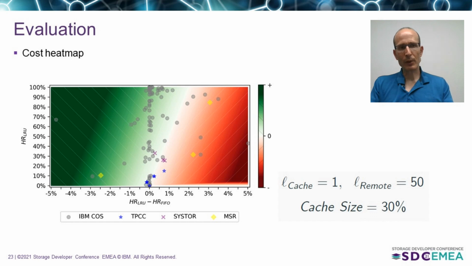The difference between the green and the red is that green and red apply to the cost model. So green means the cost model is in favor of FIFO, red means the cost model is in favor of the LRU. And really what we're seeing here is that the higher up the graph we go, that is the higher the hit rate is, the more the cost model is in favor of FIFO.